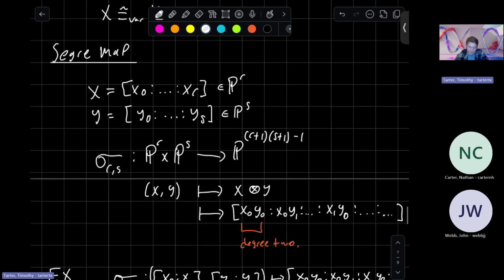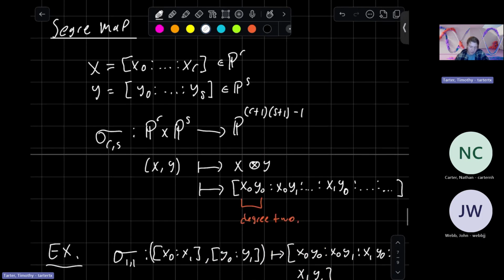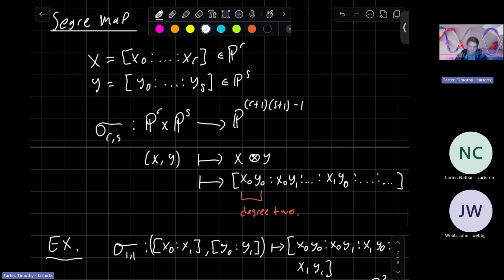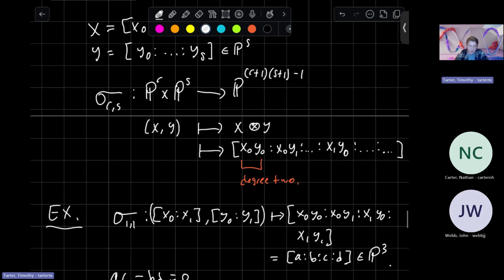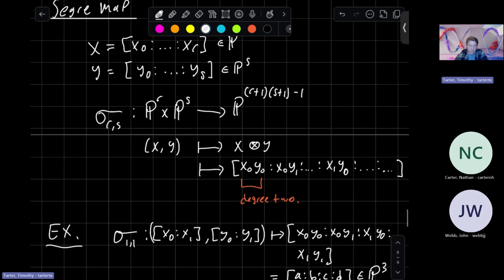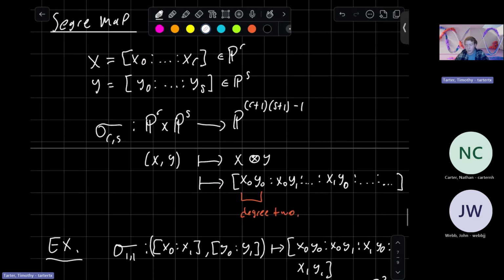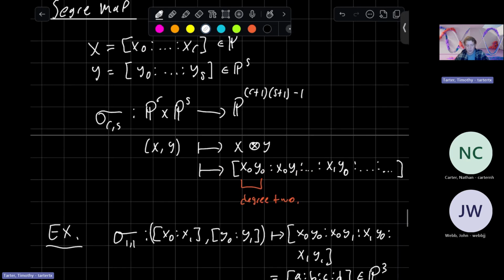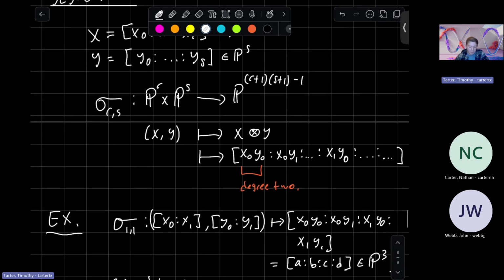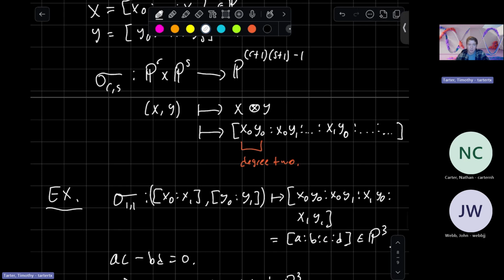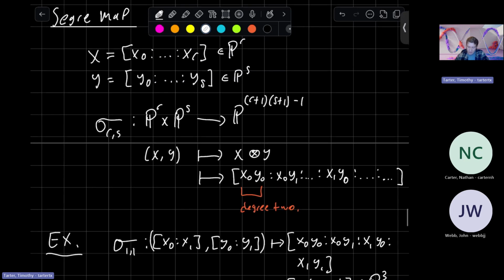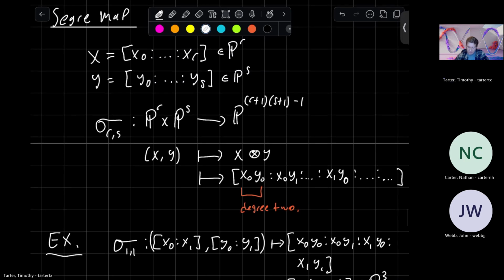So the Segre map is really important because quadric surfaces are important, they're interesting to study, and they're relatively easy to study. They're a good grounding example of projective varieties. And of course, the Segre map is a regular map, and a really nice one.